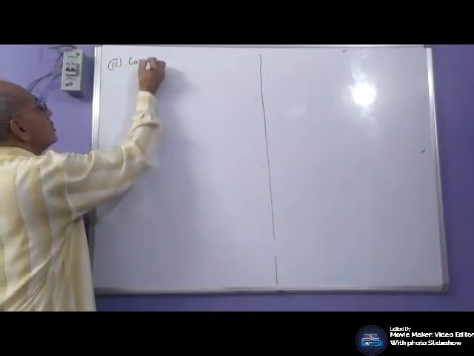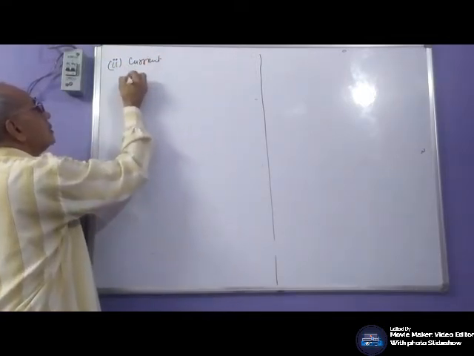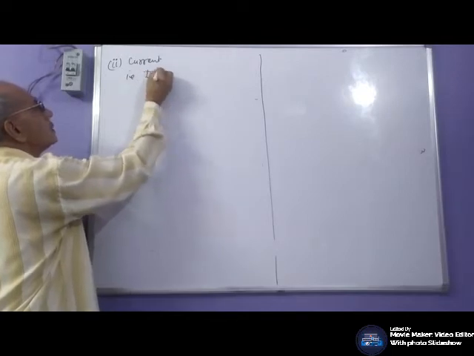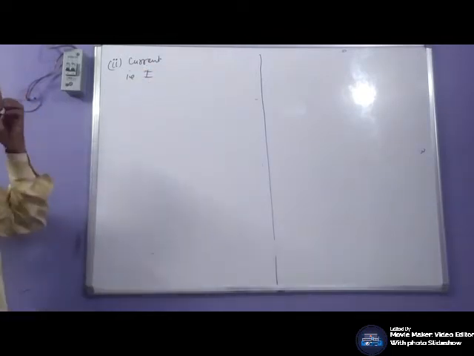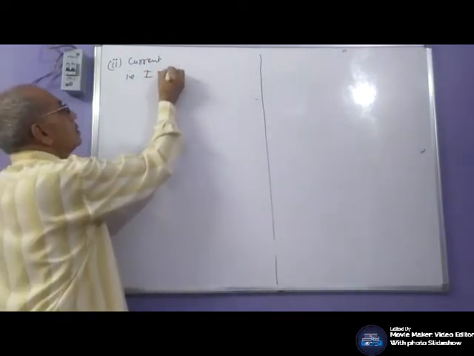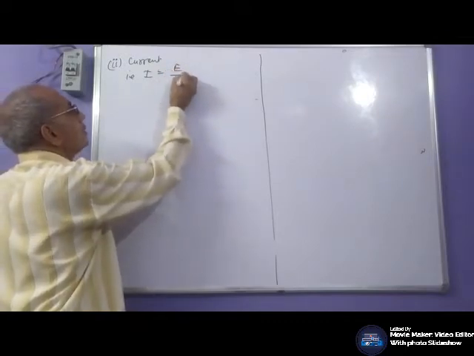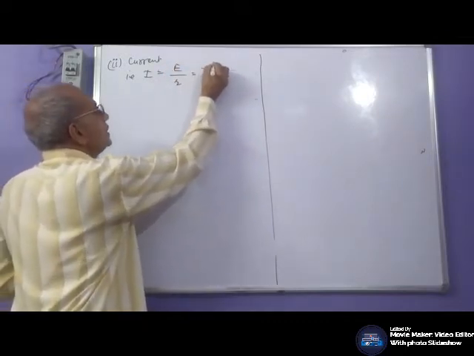Current, that is I, equals E by R. What is E?